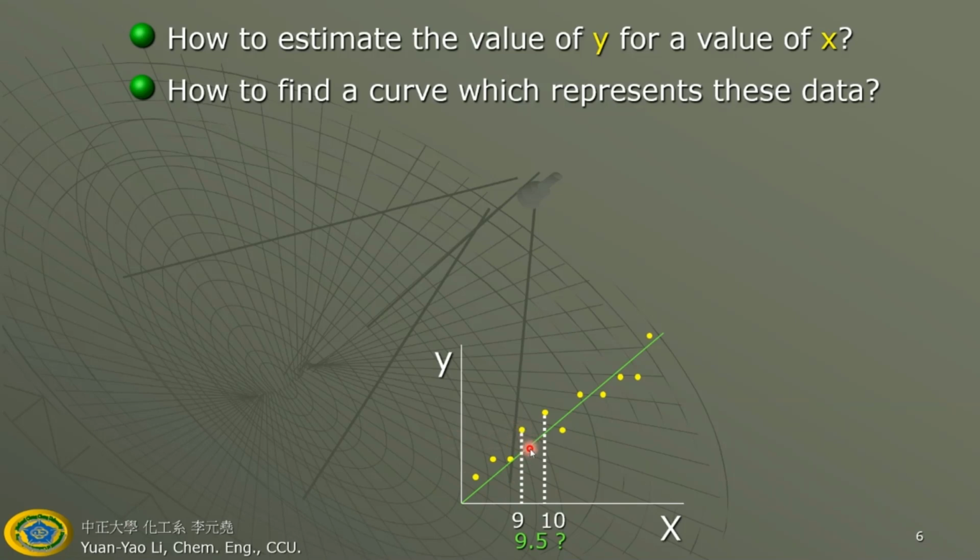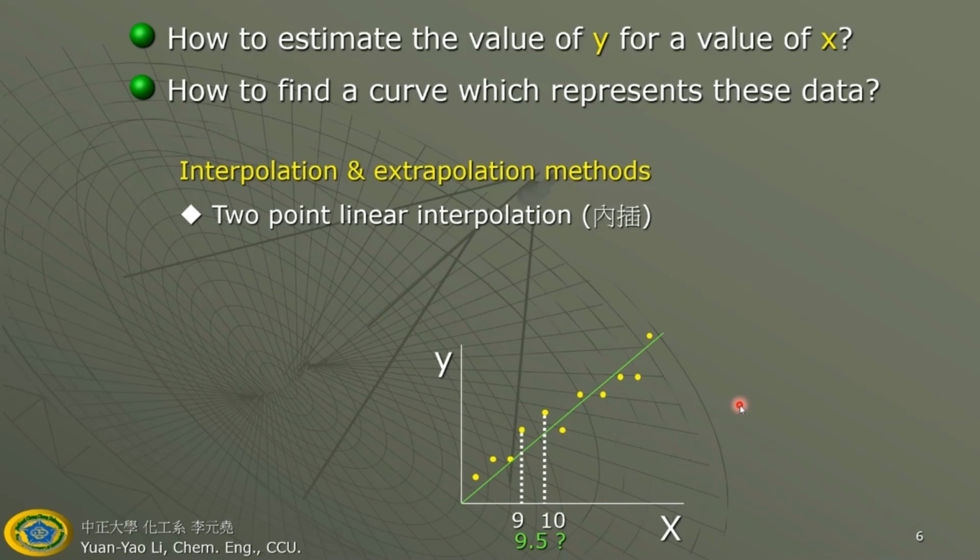So this section wants to find this line using a mathematical equation. You can do interpolation or extrapolation using 2 points. However, it might be a more scientific approach to get this line to represent this data. With 2-point linear interpolation, as I just told you, you have 2 points.